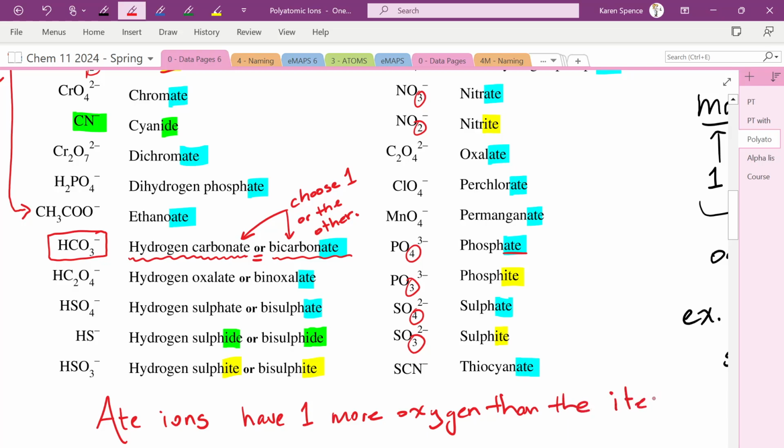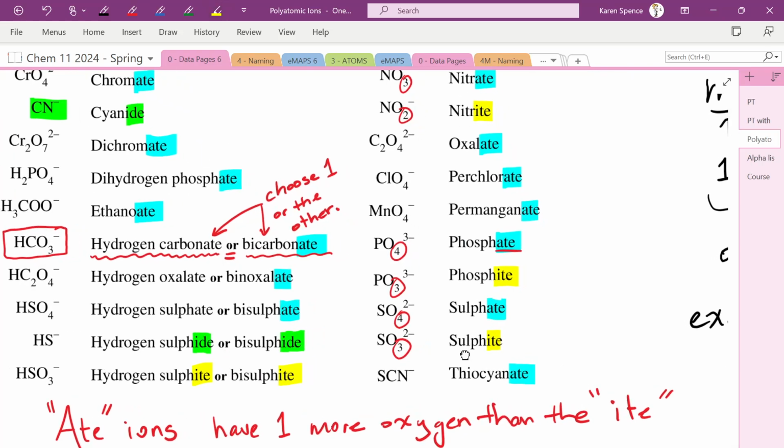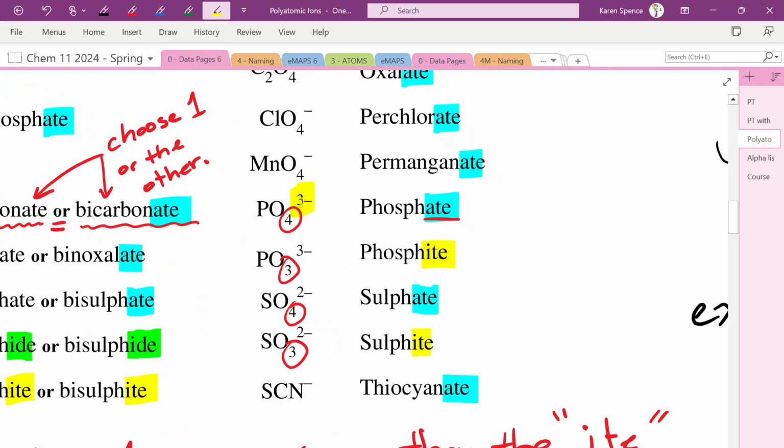Now, do you need to know that? Not really, because they're all on your table. But at some point in your chemistry career, it's kind of nice to just know a few ions. And if you know nitrate is NO3, then you also know nitrite is NO2. And I'd like you to notice that the charges of the ate and the ite are the same.